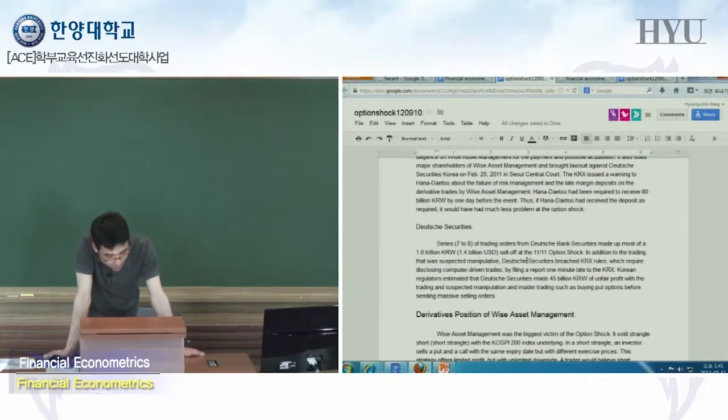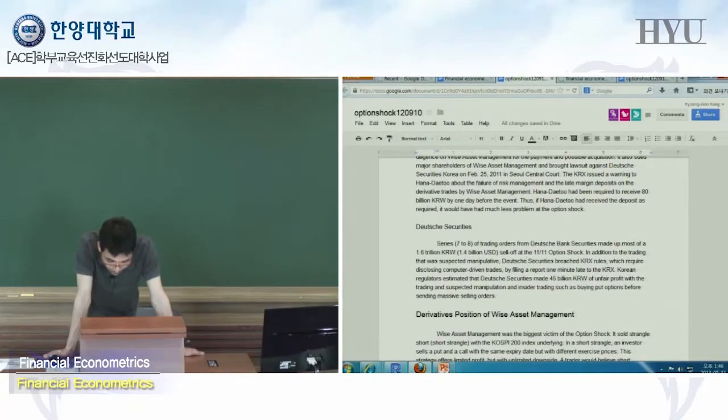In addition to the trading that was suspected of being manipulative, Deutsche Securities breached the KRX rule, 증권거래소 규정, which requires disclosing computer-driven trade, by filing a report 1 minute late to the KRX.